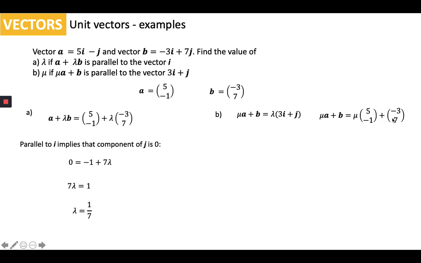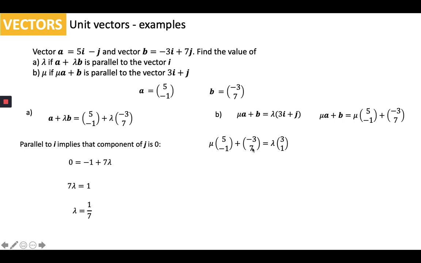Now, that means that I can substitute in these column vectors and find some expression using this original definition of parallel, and I get this: mu lots of 5, negative 1, plus negative 3, 7 equals lambda lots of 3, 1. Okay, where 3, 1 is the column vector version of this vector. At this point, I've got 2 unknowns.